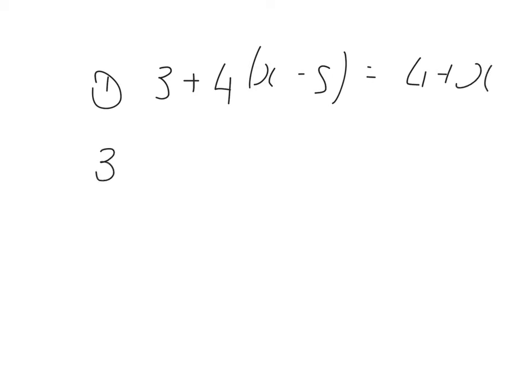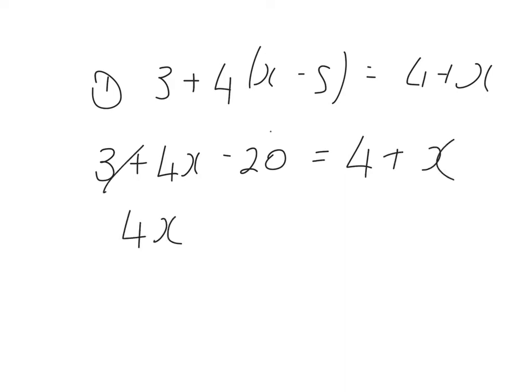Example 1: 3 plus 4 bracket x minus 5 is equal to 4 plus x. So expand out the brackets first and collect things together. That's 3 plus 4x minus 20 is equal to 4 plus x. So 3 minus 20 is minus 17, so 4x minus 17 is equal to 4 plus x.